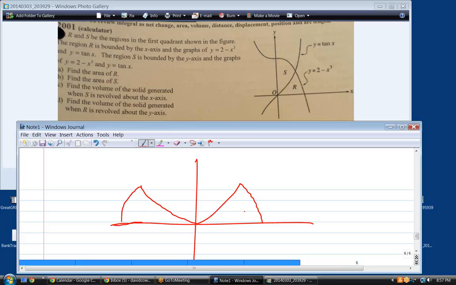Are we dividing this up? Which axis are your washers perpendicular to? The y. Right. In other words, we're going to divide this up into washers like this and integrate from here to there.